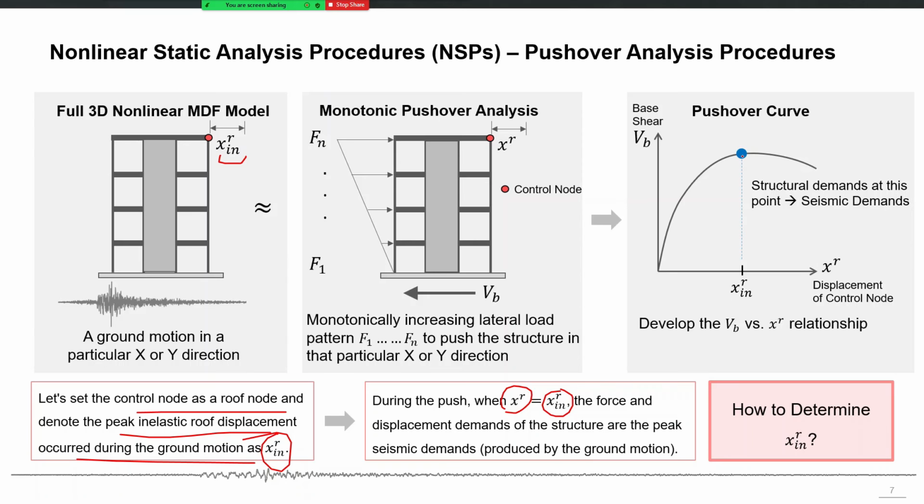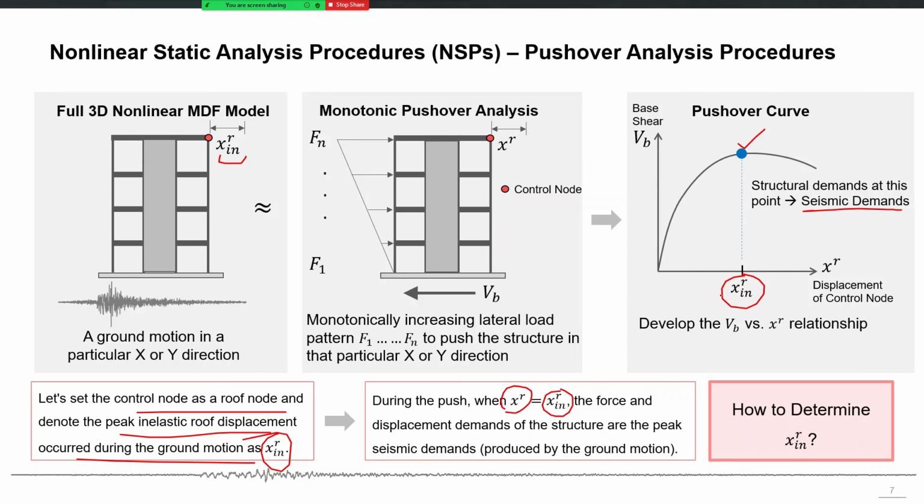They will represent the seismic demands expected during the future shaking. So this is the overall idea, that structural demands at this particular point will be called the seismic demands if we know the roof displacement produced by future ground shaking.